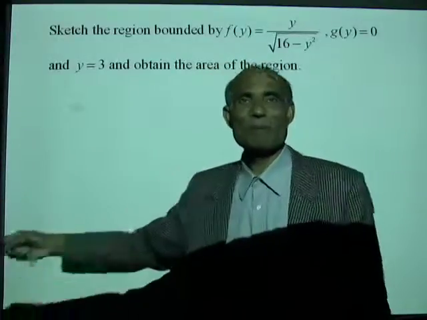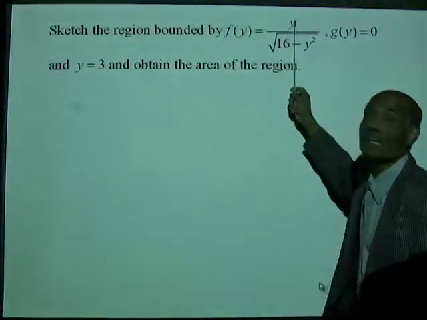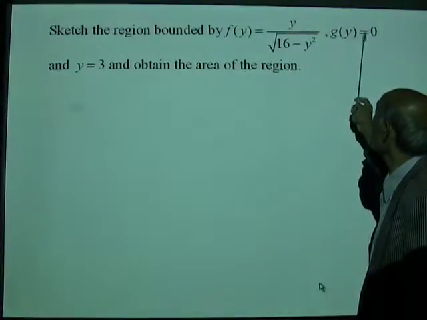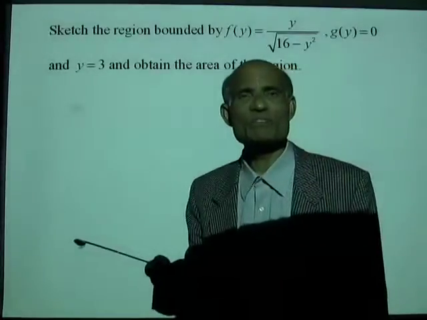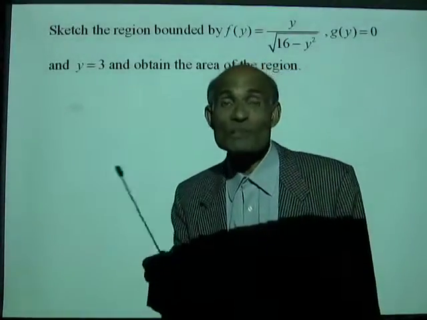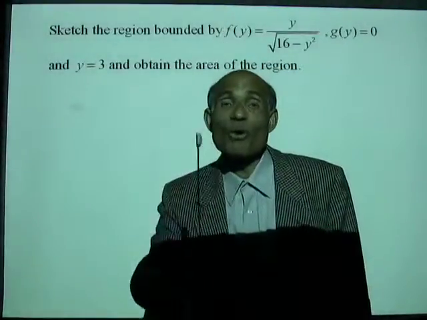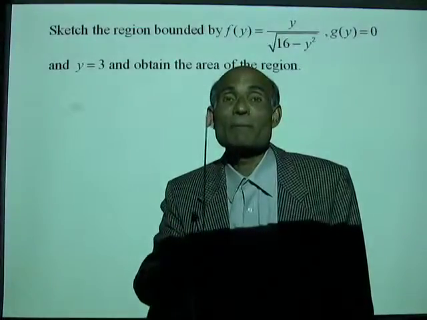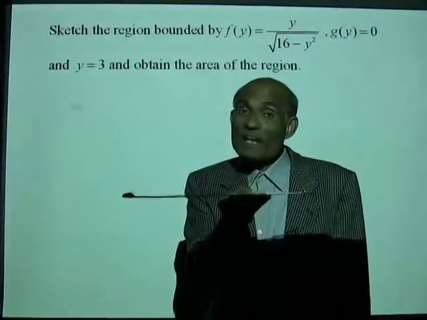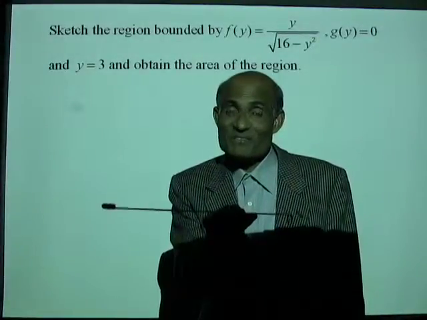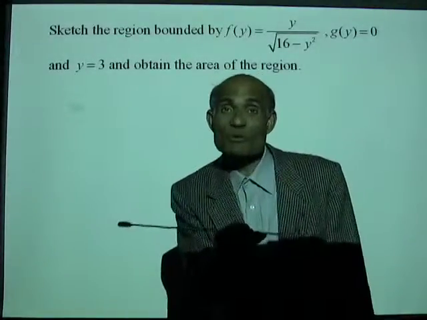Is that right? So you got f of y equal to this and g of y equal to 0. What is g of y equal to 0? It's the x-axis, which is y equal to 0.